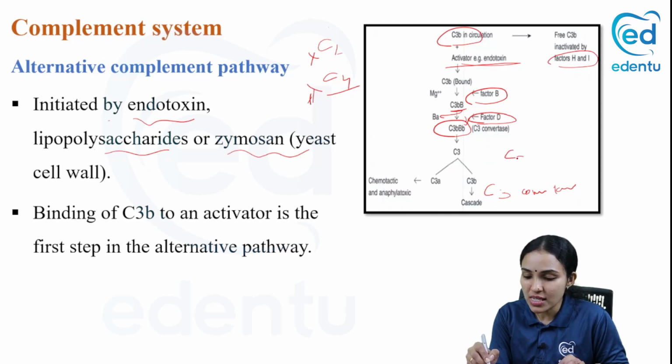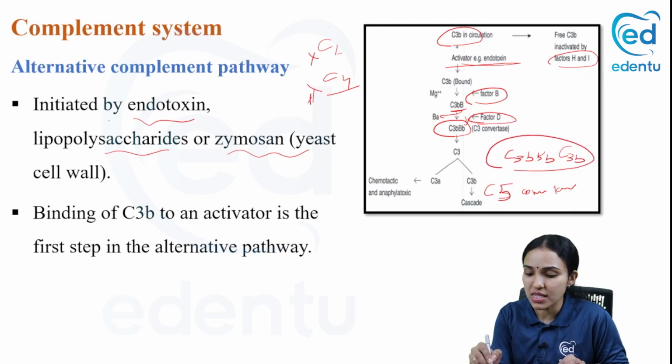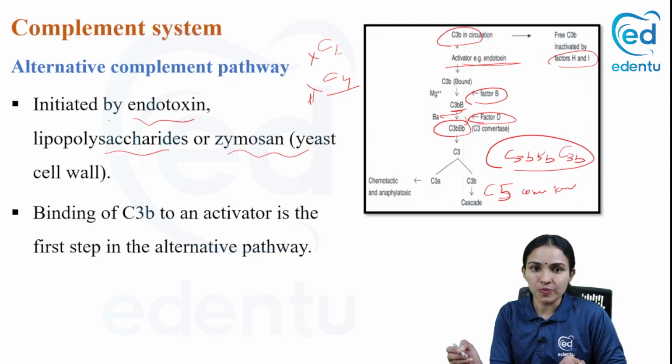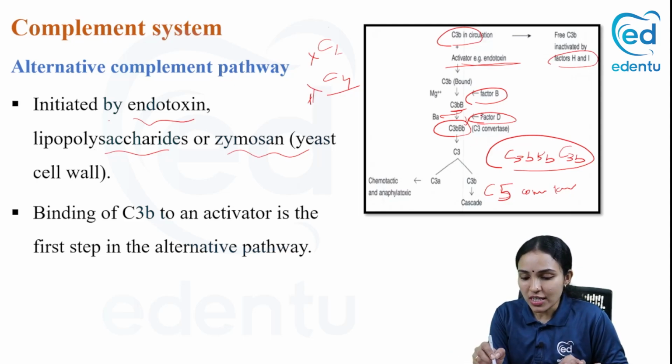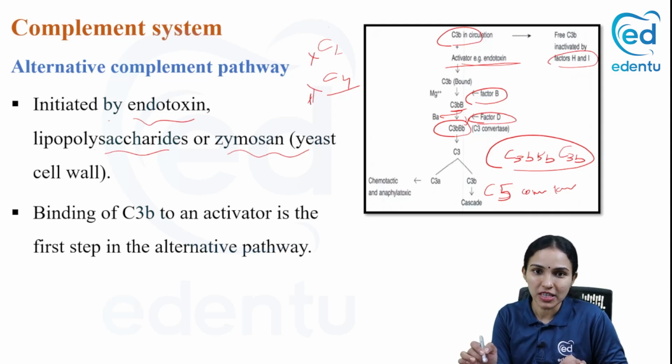Now to this C3bBb, your C3b also joins. Together this forms the C5 convertase. Initially it is starting with C3b, but that's not enough. It has to finally go and cleave the normal C3. Then only can it form a C5 convertase.